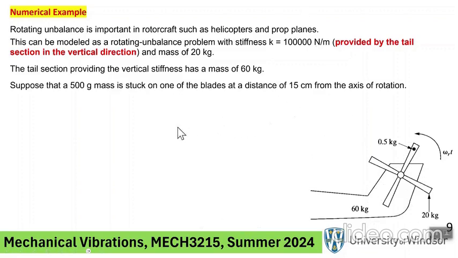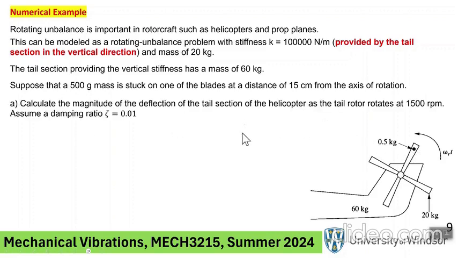All right. Now, we know that the location where this mass is stuck to the blade, half a kilogram, 500 grams, is 15 centimeters away from the center of rotation. Okay. Now, let's say that we have a damping ratio of 0.01. Remember, damping ratio is something that can be found experimentally, maybe by recording some data and using the logarithmic decrement to estimate the value of zeta.